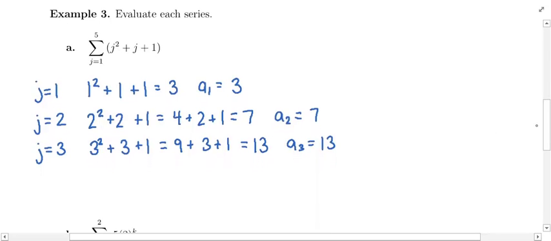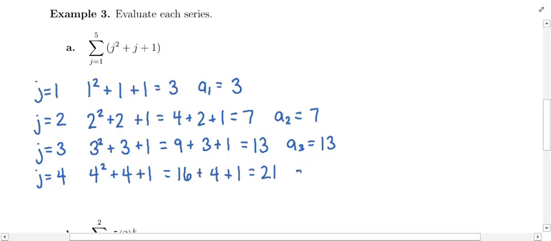We keep going. Now j is 4, so we replace all the instances of j with a 4. We get 4 squared plus 4 plus 1, that is 16 plus 4 plus 1. That's 21. So the fourth term in the sequence is 21.